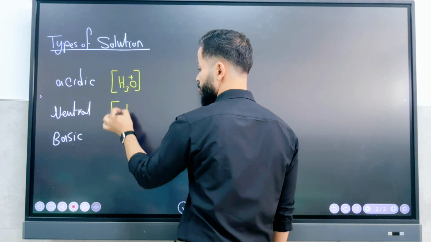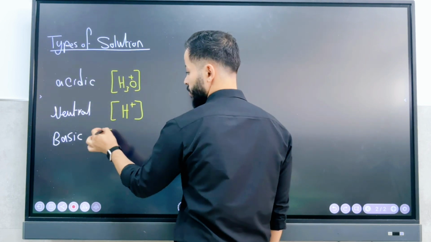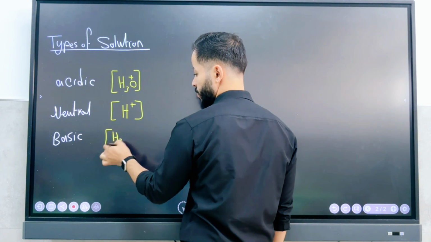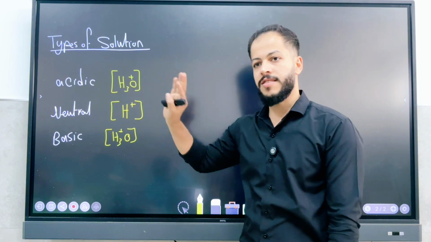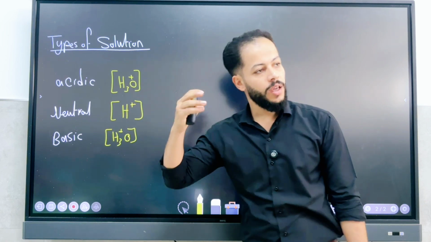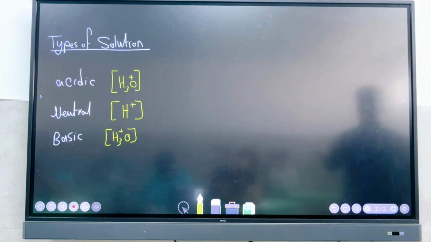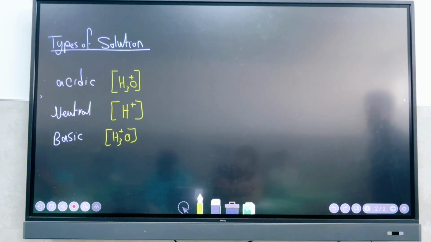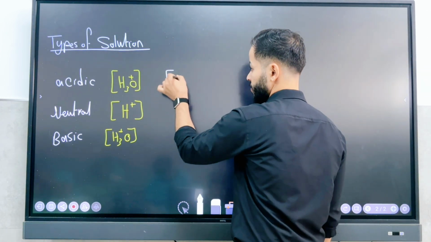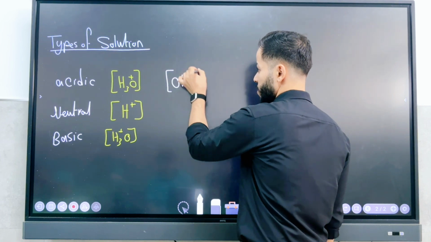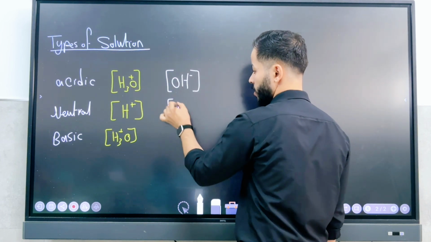It's the same thing, guys, okay? We understand that H positive means hydronium. And we always have the hydroxide ion near it, the other face of the coin, okay?